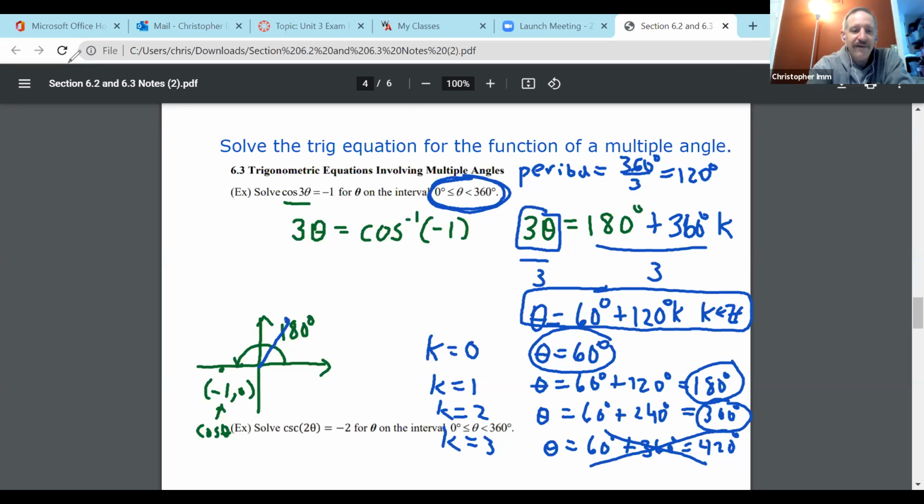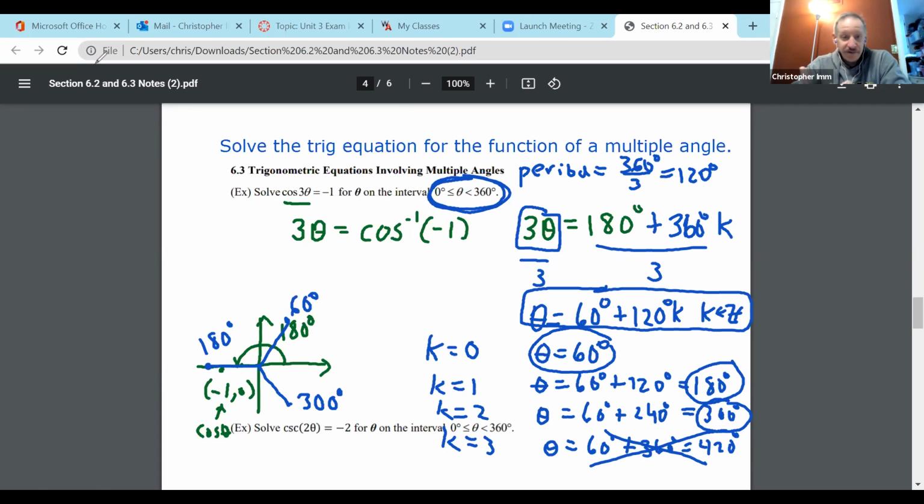So notice that we have one here at 60 degrees, one here at 180 degrees, and one here at 300 degrees. Notice that this sort of cuts the unit circle in 3 equal parts, right? So these will always be geometrically appealing as well, okay?